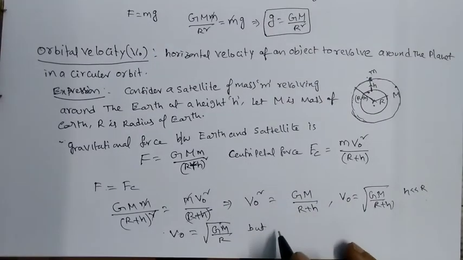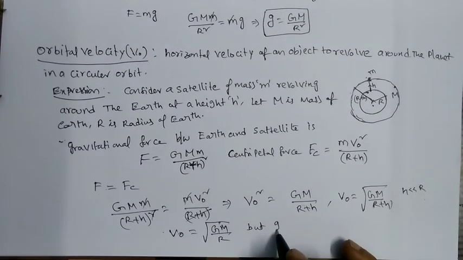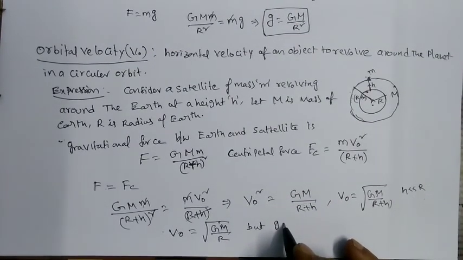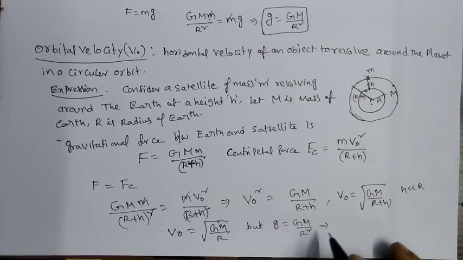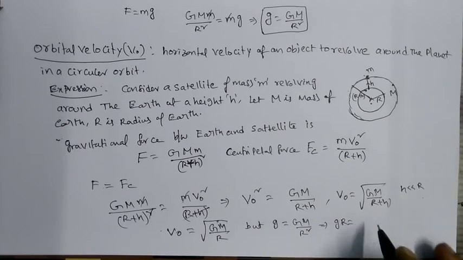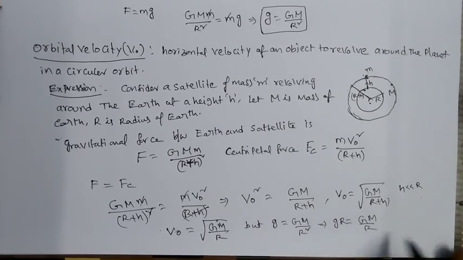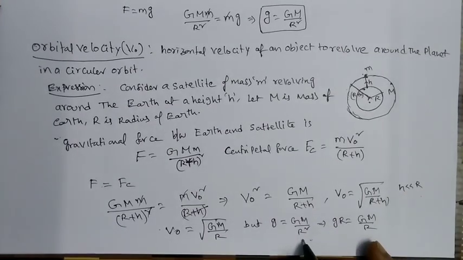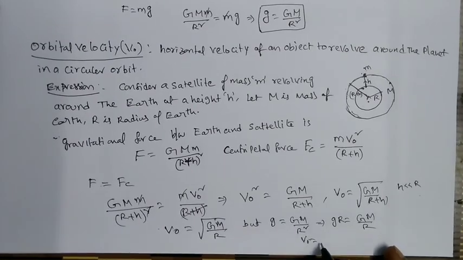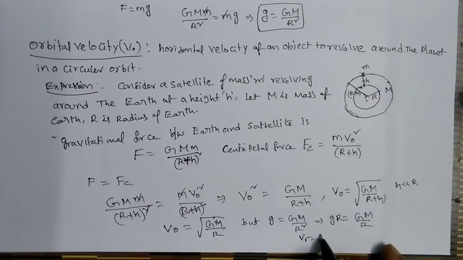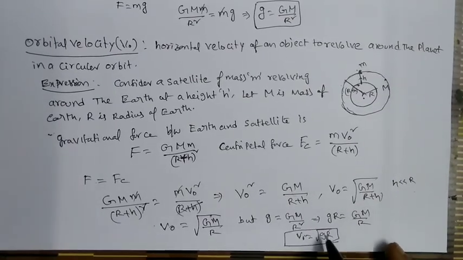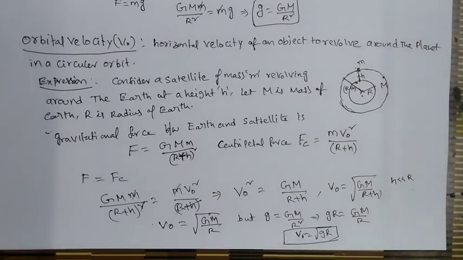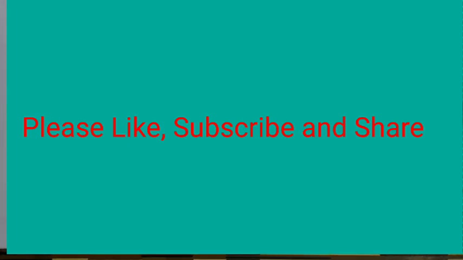From that I can write g R is equal to G M by R. Now simply substituting here, you will get v naught is equal to under root of g R. This is the formula for the orbital velocity. So in this way you can derive the orbital velocity formula.